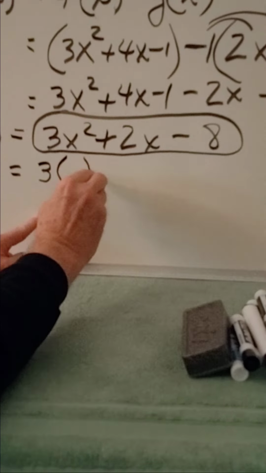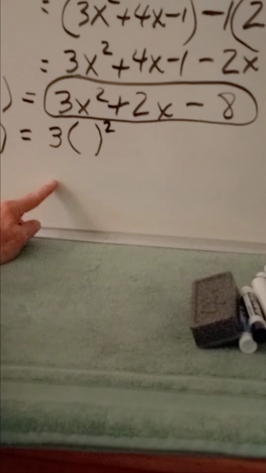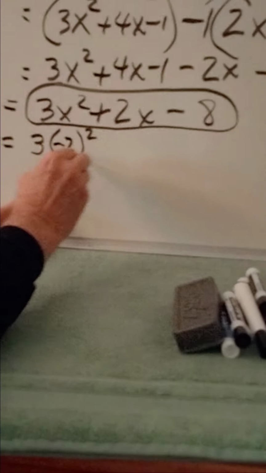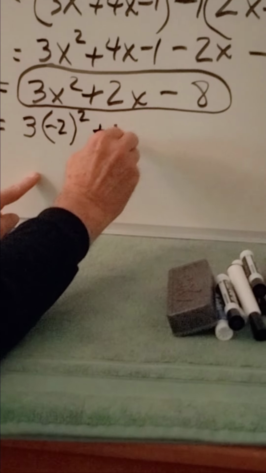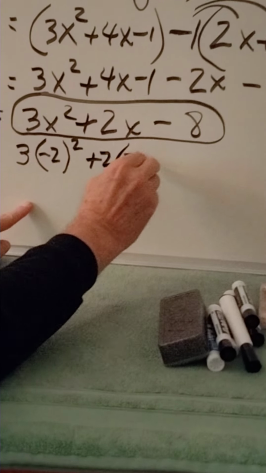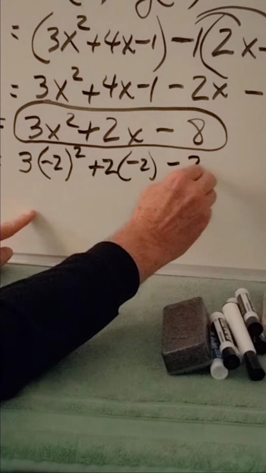So bring that 3 down and bring the house down and put the exponent outside there. Stick the -2 there. Bring down the +2 times the -2 and then the -8.